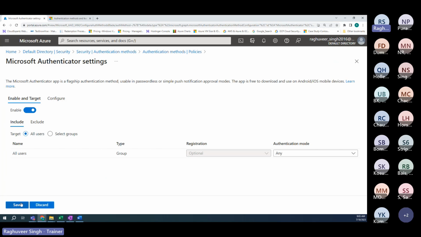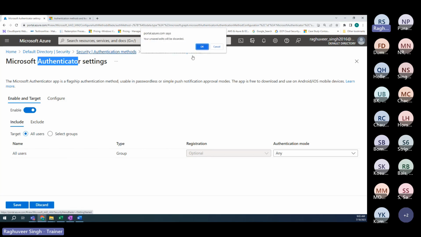So I'll select all users and save it, which means that next moment onward, when a user tries to sign in, the user will be challenged with the additional factor authentication, which is Microsoft Authenticator. The user will get a prompt after typing the password that your organization needs some additional information. Please go ahead and download an Authenticator app on your mobile and configure it. So that's how you can configure the multi-factor authentication based on Authenticator.